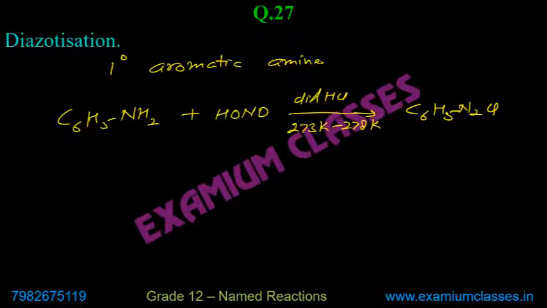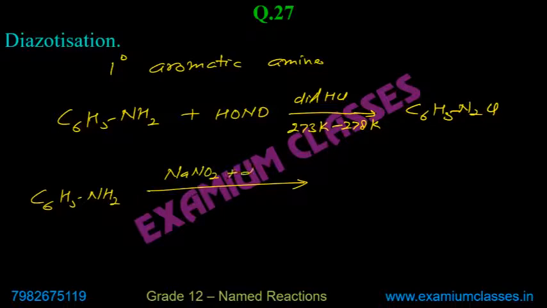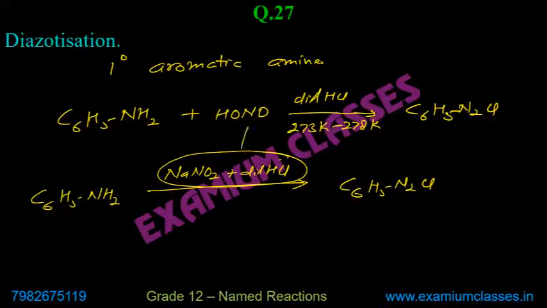Now, the same reaction can appear like this also. Here, it can be written as NaNO2 plus dilute HCl. Okay, nothing else. Same reaction. The reason is because this will produce HNO2.